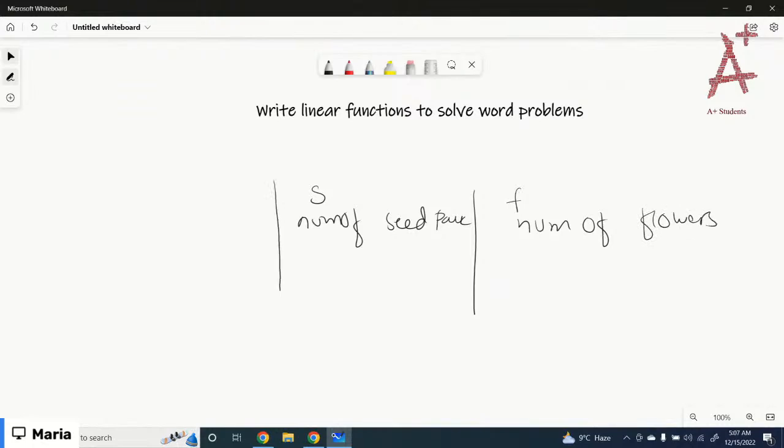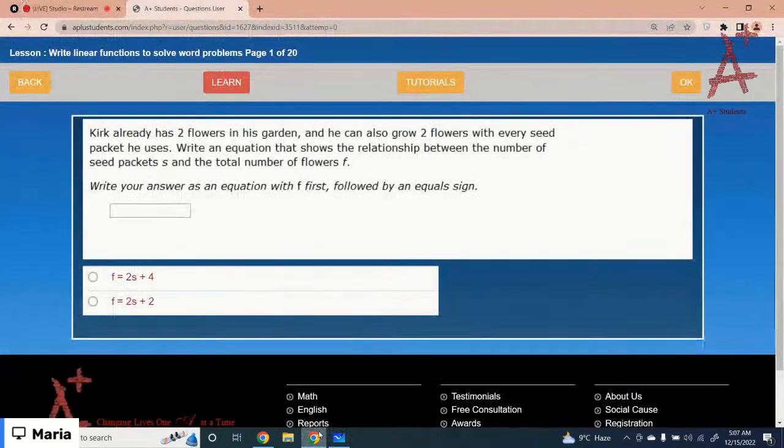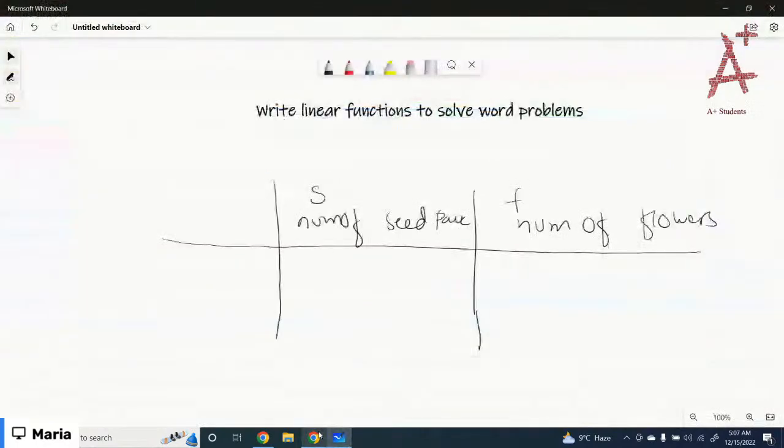So he already has 2 flowers, and when he has one seed pack, he can grow 2 plus 2 times 1, because with one seed pack he can grow 2 flowers.